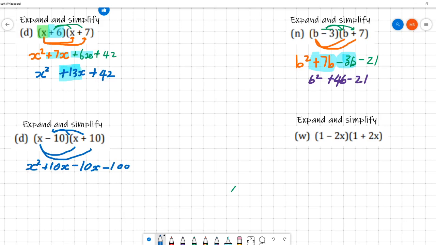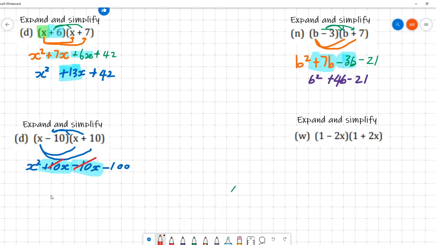Now, just like before, we can see that there's an x term here, and there's also an x term here. So we've got plus 10x, take away 10x. Now, if we're on 10 and we're taking away 10, we're going to end up at 0, which means that there will be nothing left.